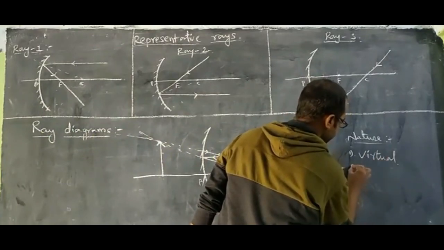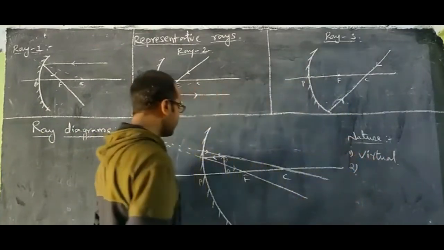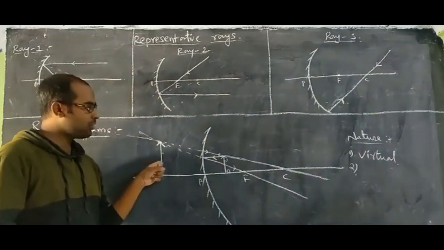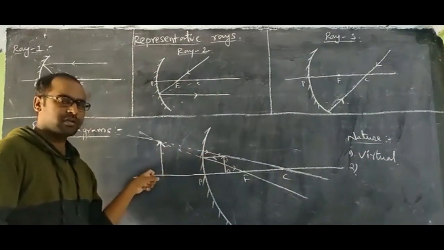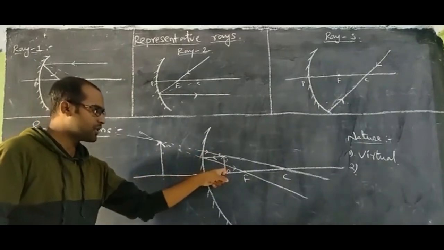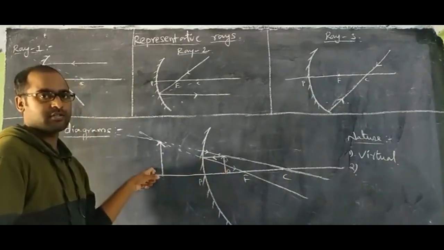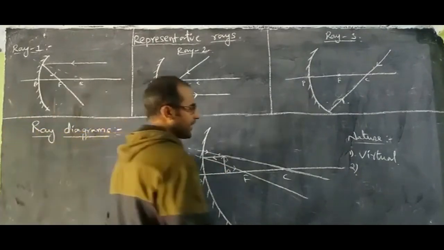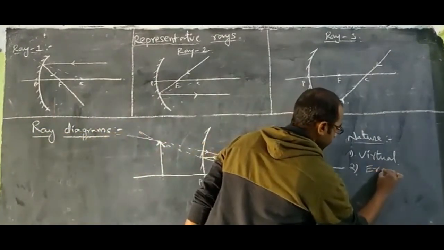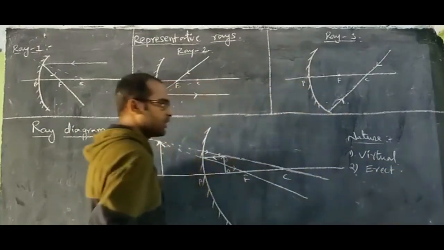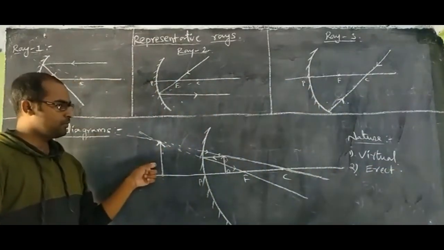And is it inverted, upside down, or erect, that means straight? It looks like the object, right? So this is an erect image. It is not inverted. Virtual, erect image.